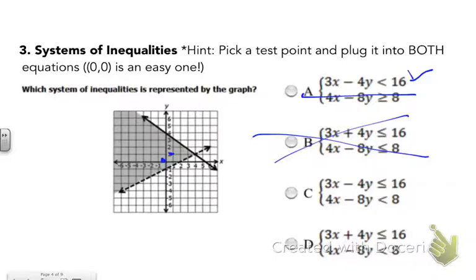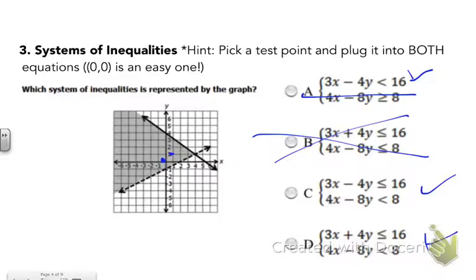Well, negative 1 is less than 16. 4 minus 8 is negative 4, so that's less than 8, so that works. 3 times 1 is 3 plus 4 is 7 is less than 16, and 4 minus 8 is less than 8. So I still have to figure out which one of these it's going to be.